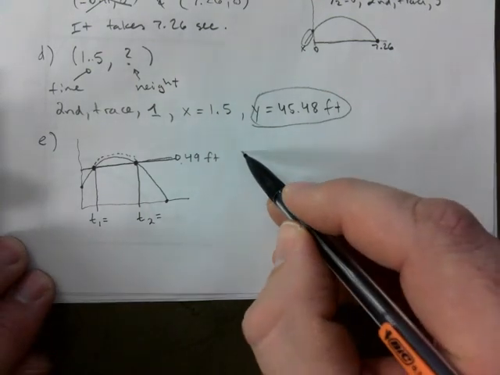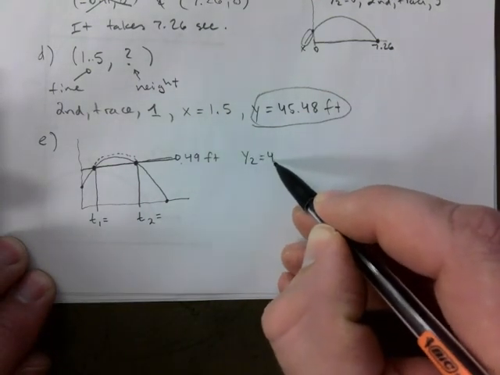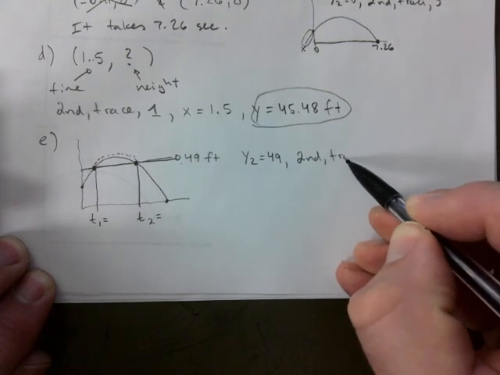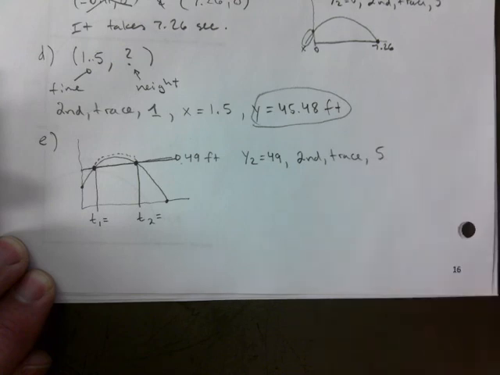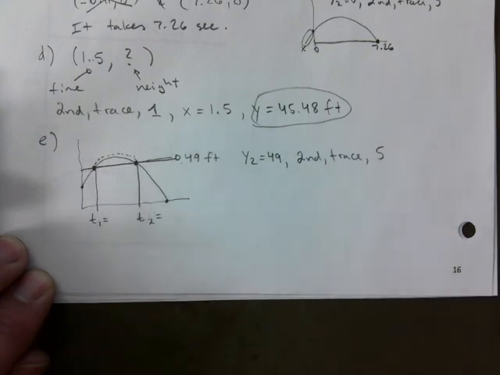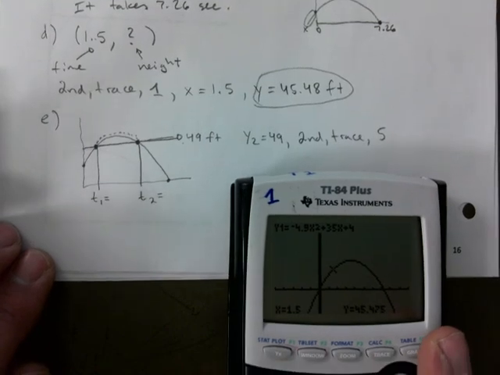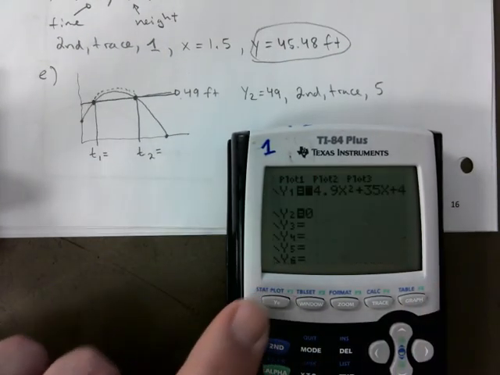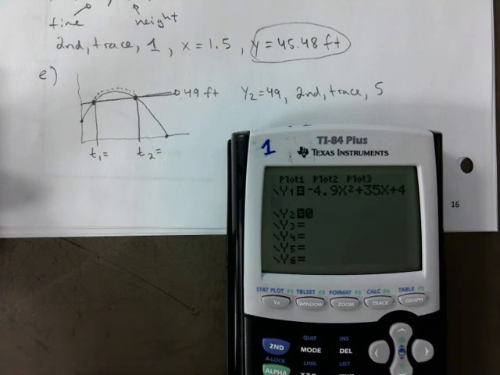So I will let y2 equal to 49. And I'm going to go second trace 5. You're essentially doing the exact same thing as finding the x-intercepts. It's just now it's higher up on the curve. Okay. So follow me there. I let y2 be 49.